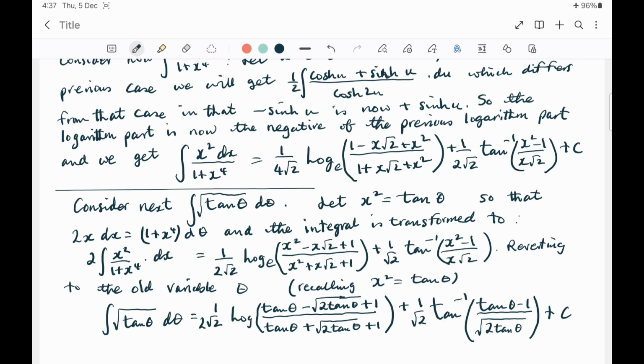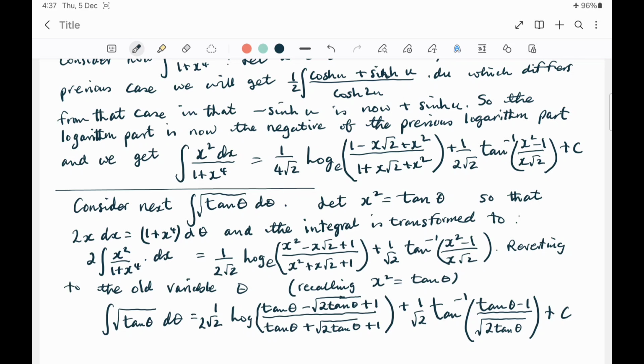And so all we've got to do is double that, and we'll get 1 over 2 root 2 log to base e of (x squared minus x root 2 plus 1) over (x squared plus x root 2 plus 1), plus 1 over root 2 tan inverse of (x squared minus 1) over (x root 2).